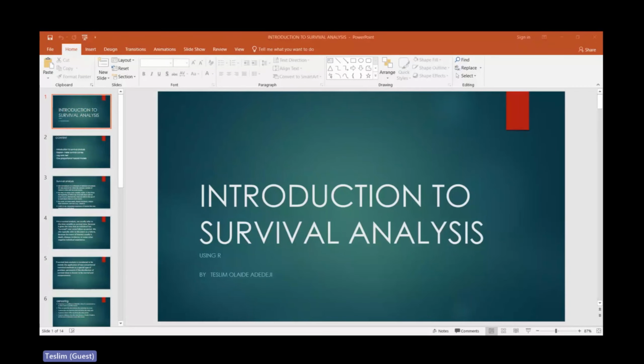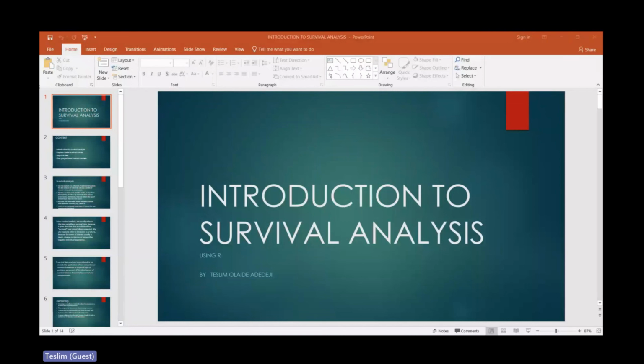Survival data analysis is considered to be merely the application of conventional statistical methods to a special type of problem. It might be parametric or non-parametric. It is parametric in the sense that if the distribution of the data is known to be normal, we call it a parametric distribution, while if it is not normal, it is called a non-parametric distribution.